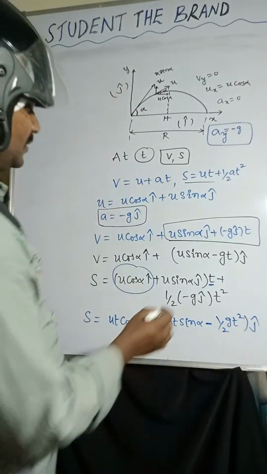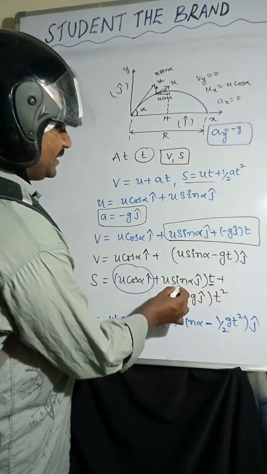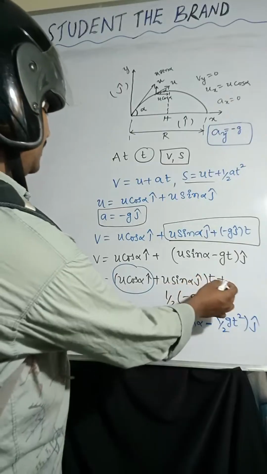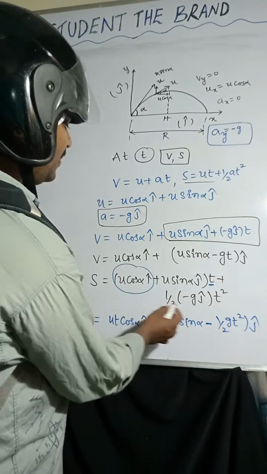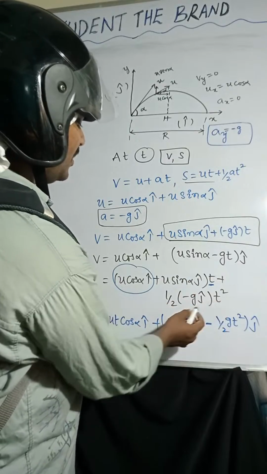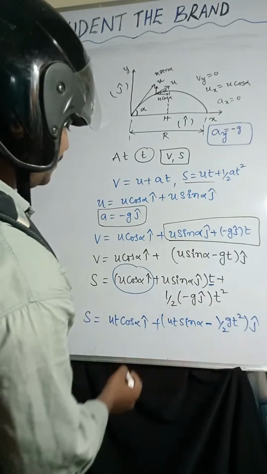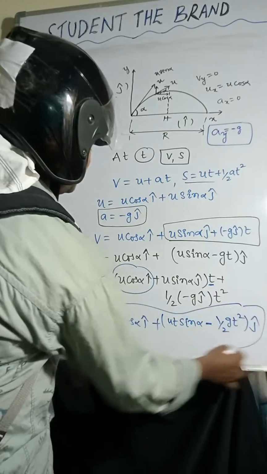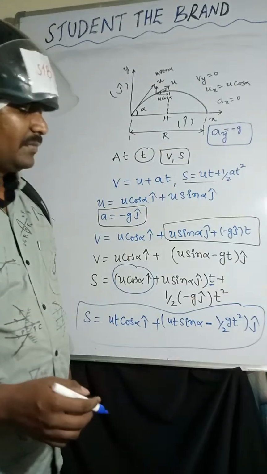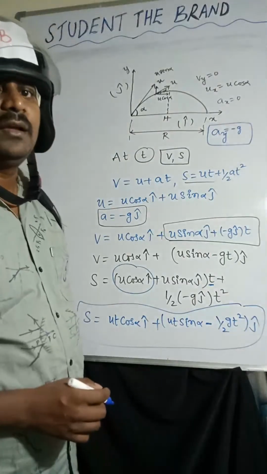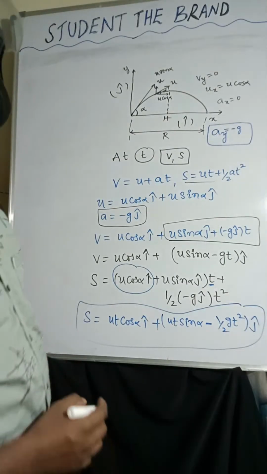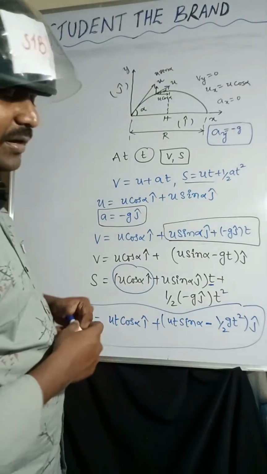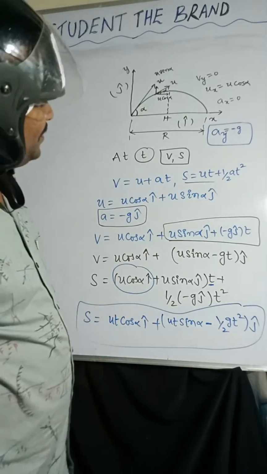Clear? So u t sin alpha j cap plus minus 1 by 2 g t square, anyway j cap, so we took common. So this is the displacement. I hope it is very clear. Check once. If you have any doubts, let me know.